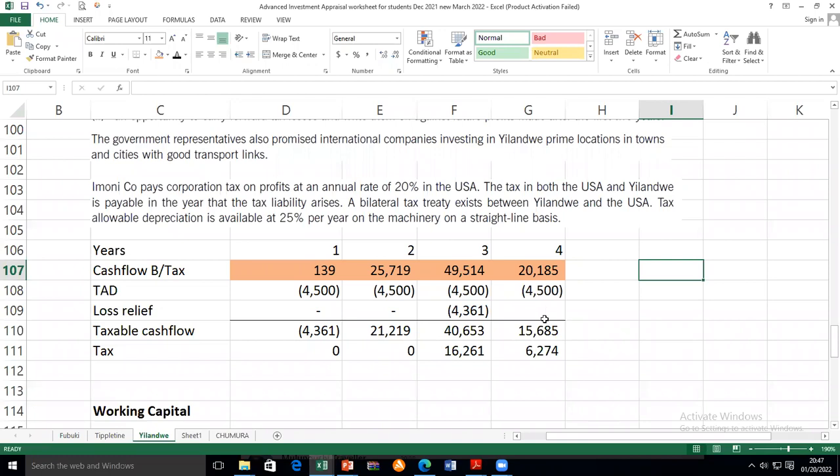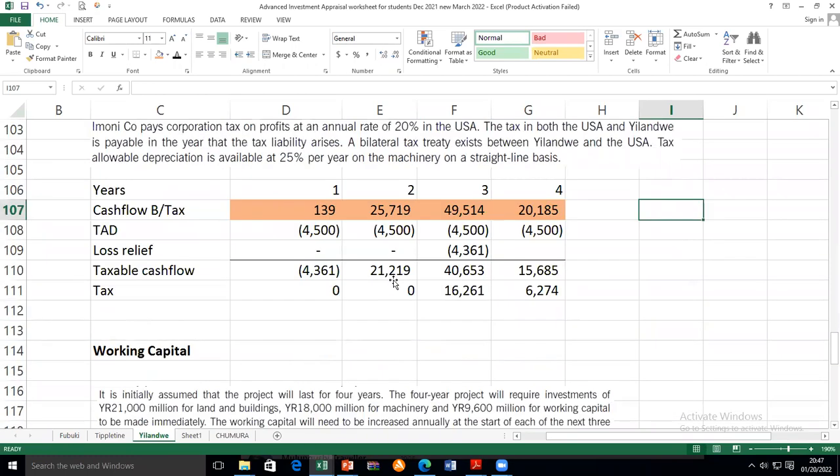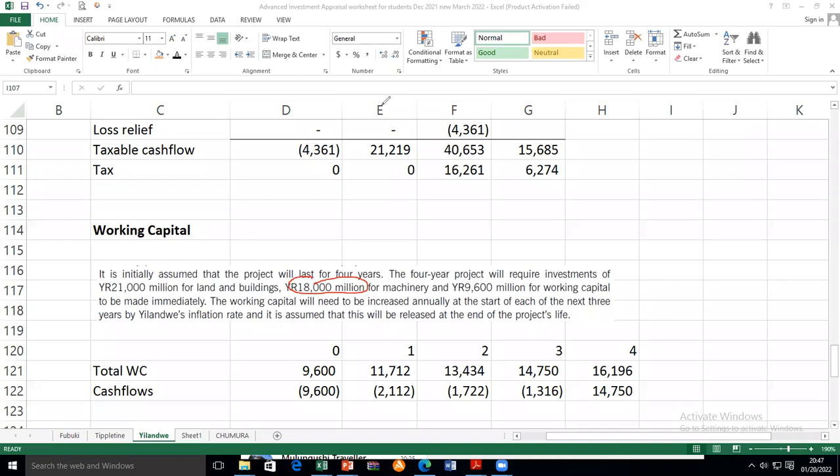So let's look at the relief. Tax allowable depreciation is available at 25% per year on machinery on a straight line basis. So where is this item that we are talking about here? Let's identify the item. It's on machinery. So the machinery is here. That's our machinery there.